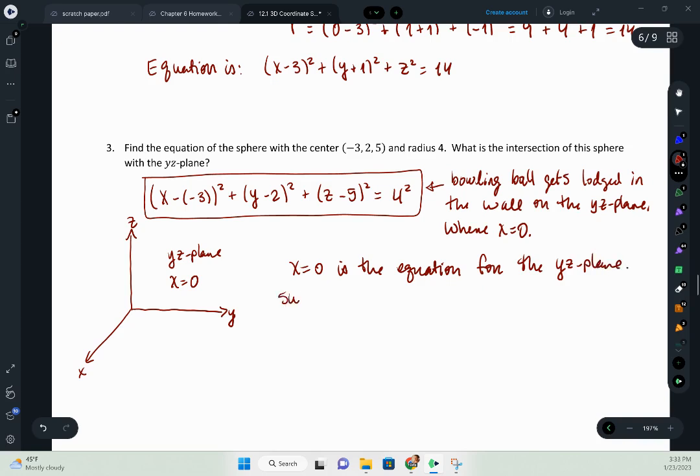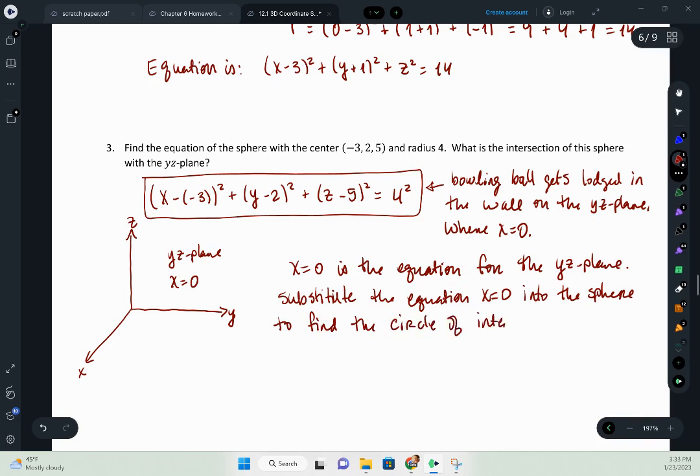So we substitute the equation x equals 0 into the sphere, to find the circle of intersection.